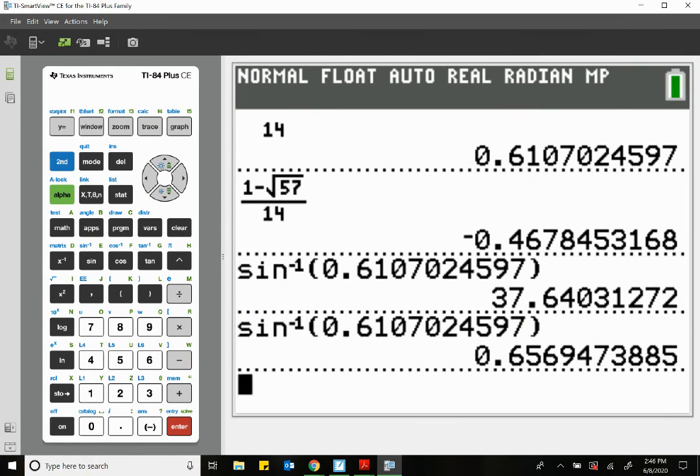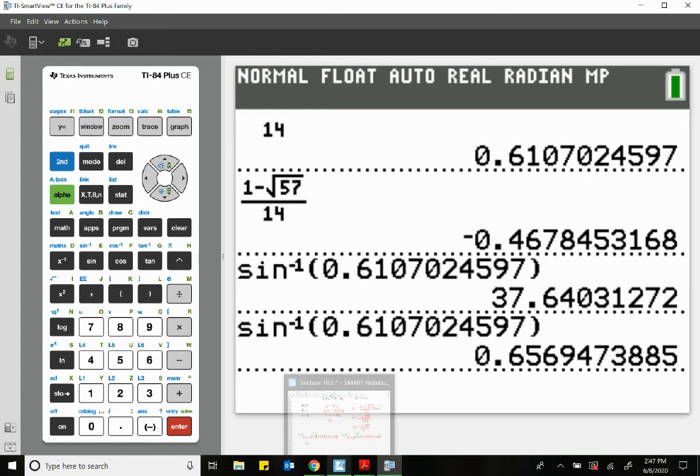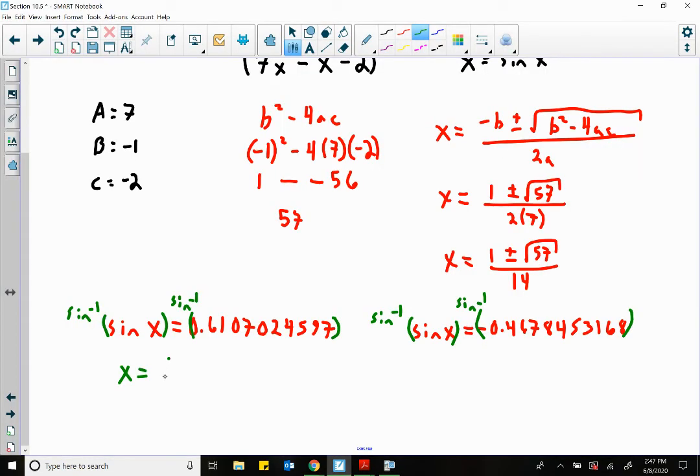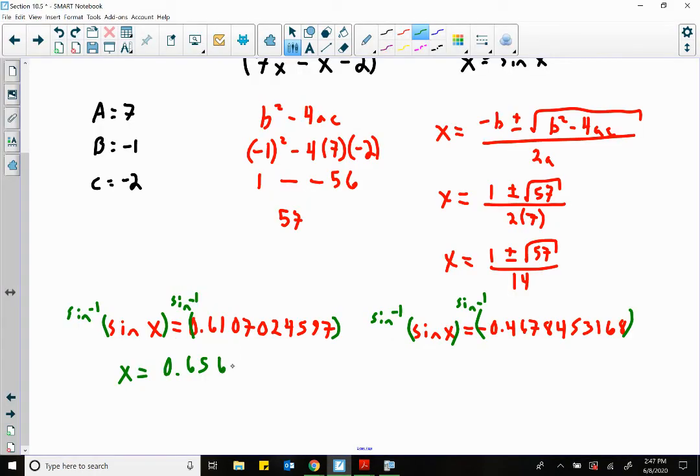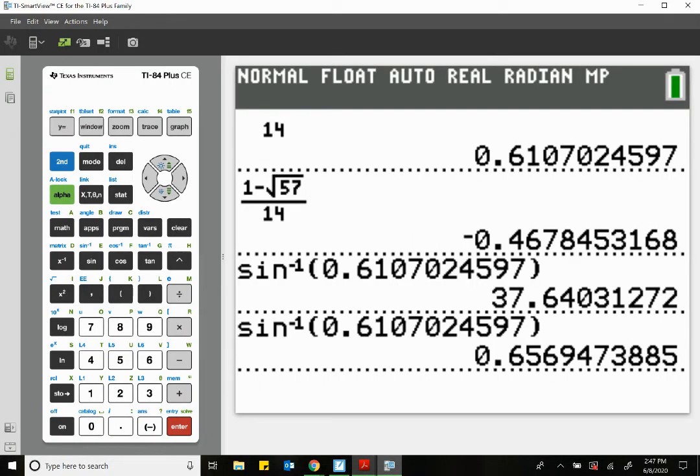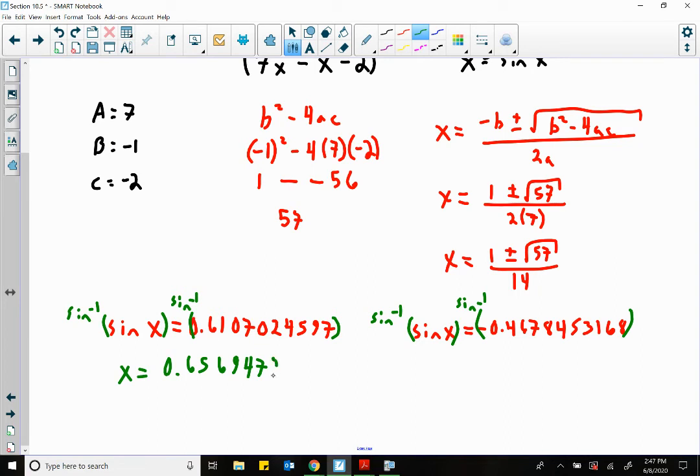So one of my angles is 0.6569473885. Okay? Now, let's explore this.